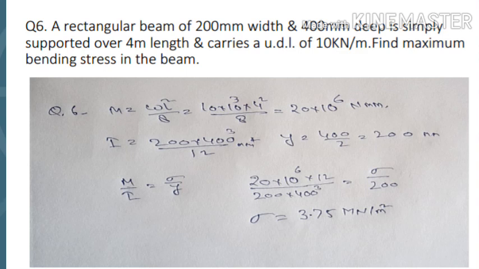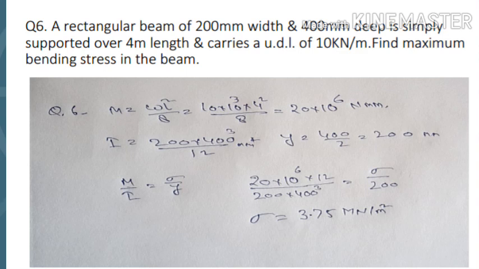Now it is simply supported over 4 meter length and carries a UDL of 10 kilonewton per meter. So in this case the beam is simply supported with UDL, that is, the maximum bending moment M will be equal to W L square by 8. W is given as 10 kilonewton, so 10 into 10 power 3 into L square, that is 4 square, divided by 8.